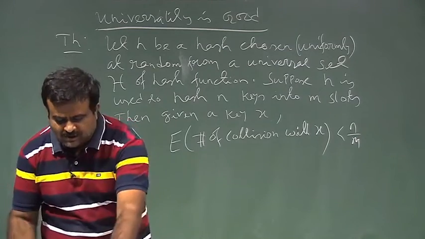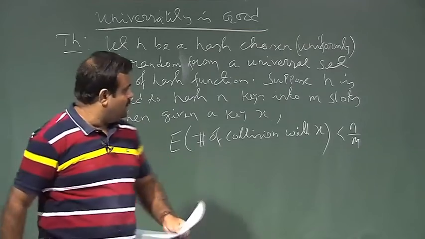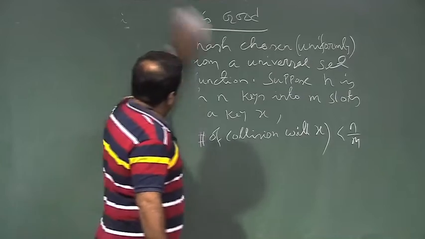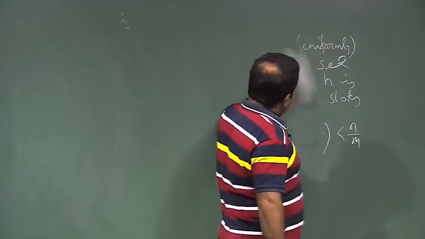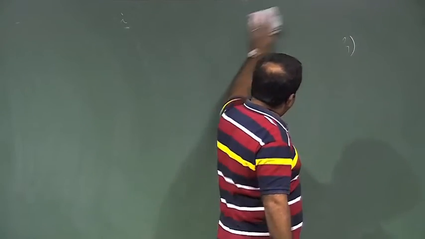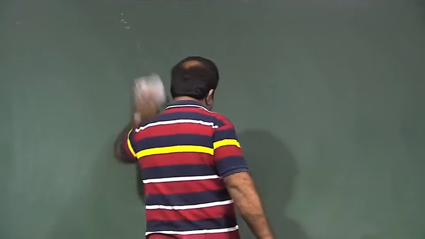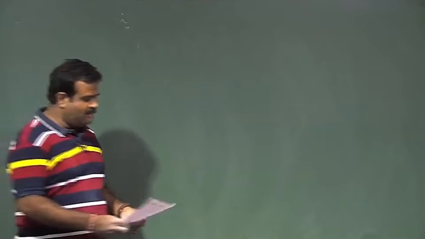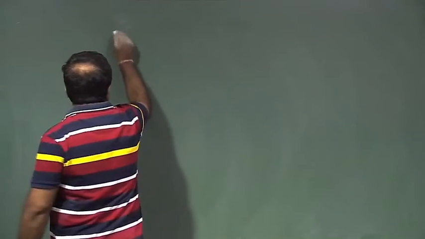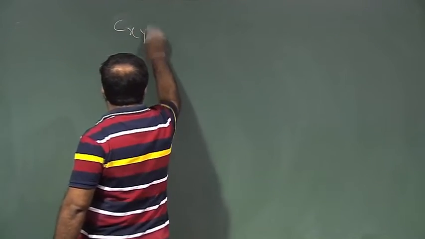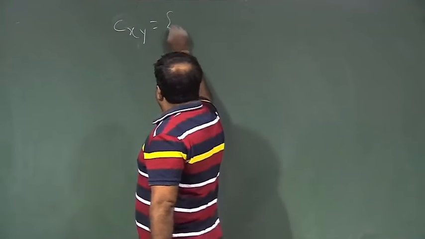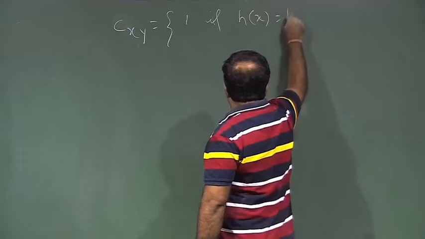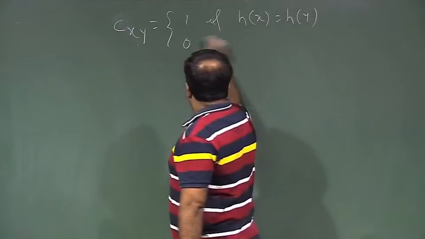To prove this, we need to use some indicator random variable. We choose the hash function from this universal set uniformly at random. We denote this indicator random variable C_xy, which is 1 if h(x) equals h(y) and 0 otherwise.